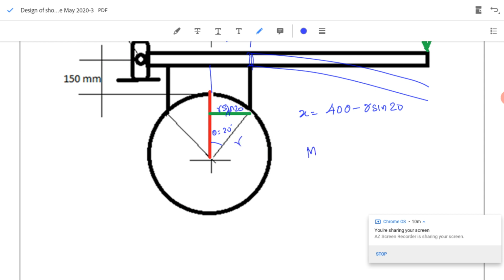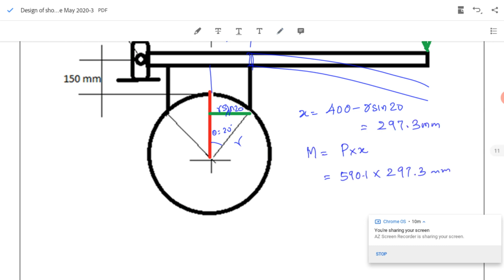Moment equal to P into X. So that moment will be equal to P, which is 590.1, multiplied by X. That value will be about 297.3 mm.